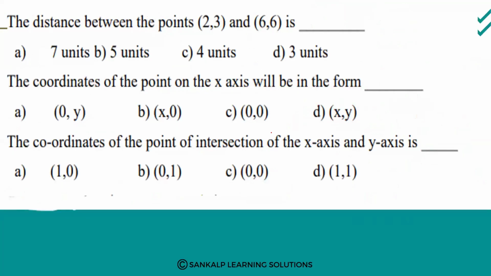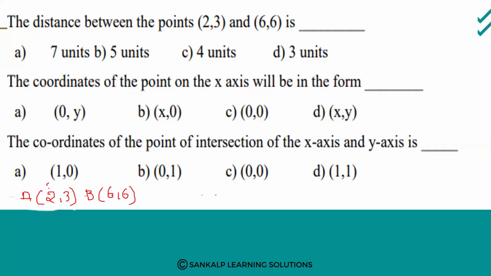The distance between the points 2, 3 and 6, 6 is, okay, the distance between the points means they asked about the distance. So they gave the coordinates of A, that is 2, 3 and coordinates of B 6, 6, right? So A is 2, 3 and B is 6, 6, right?